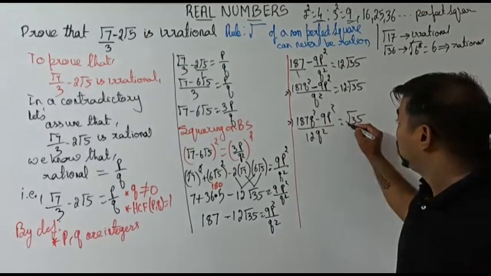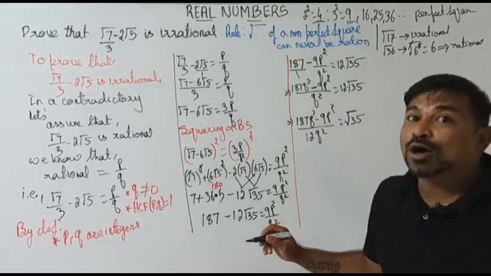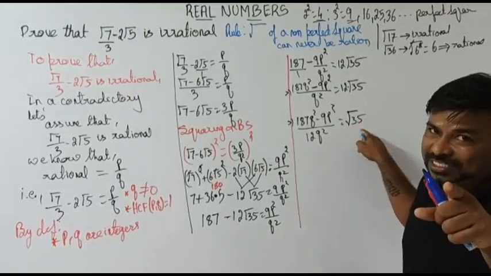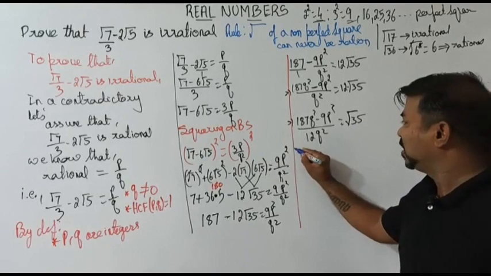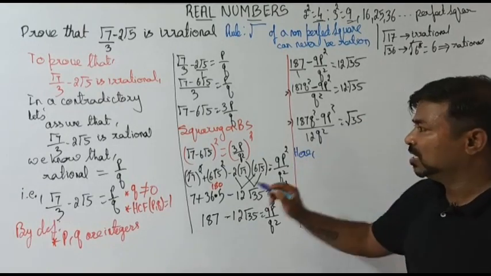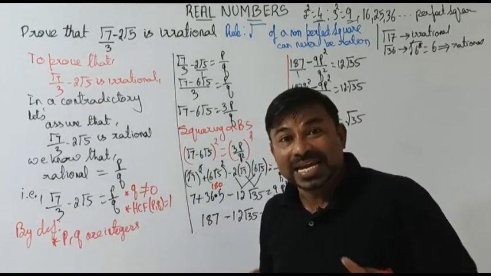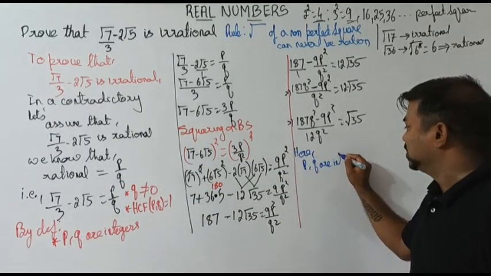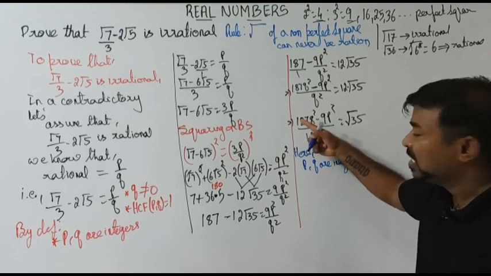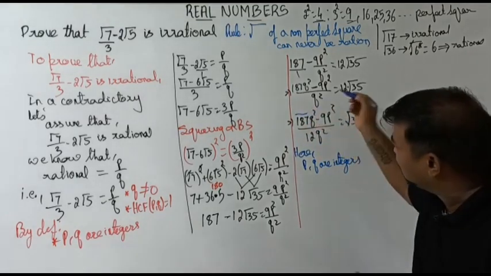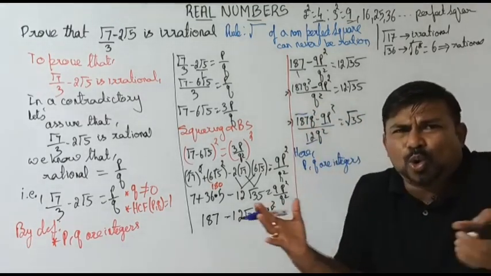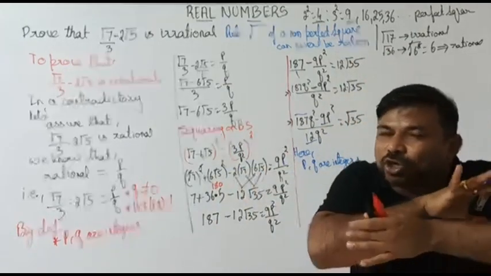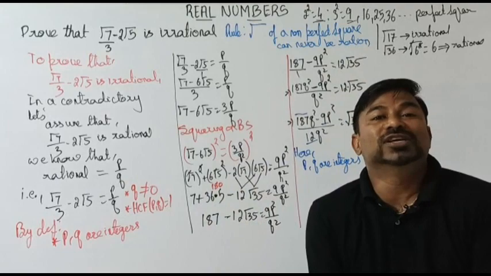We got under root of a non-perfect square. Please remember, it is a non-perfect square. Now here, just now I said p comma q are integers. Here, p comma q are integers, yes. Then the numbers whatever are there, 187, 9, 12, all those are integers. So the addition, subtraction, multiplication of all the integers will obviously be an integer.